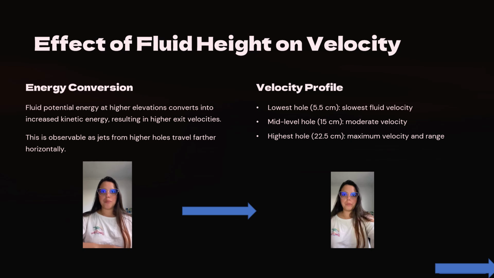According to the principle of energy conversion, fluid stored at a higher elevation has more potential energy, which turns into kinetic energy as it flows out. This is why the flow from the higher hole moves faster and travels farther horizontally than fluid from a lower hole.